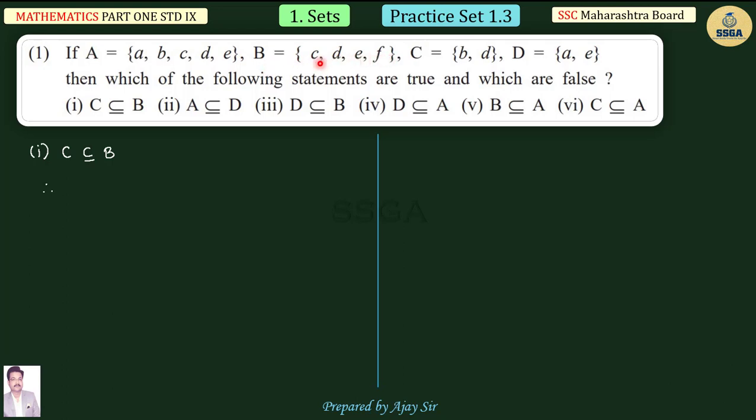So b is not in set B. B starts from c, d, e, f and C starts from b, d. Since one of the elements is not in that particular set, it is not a subset. Therefore this is false.